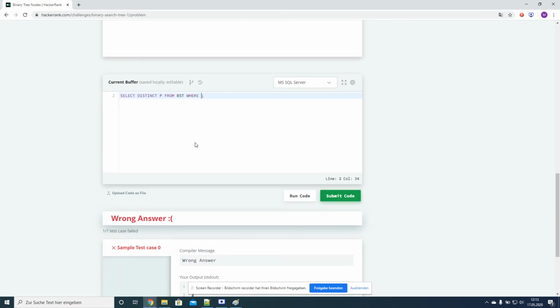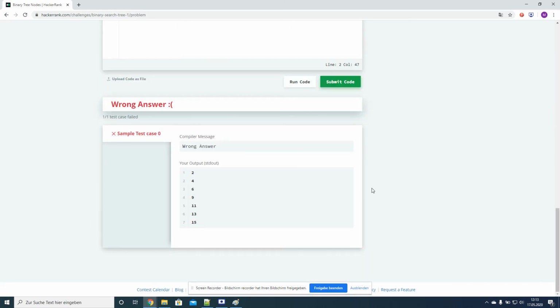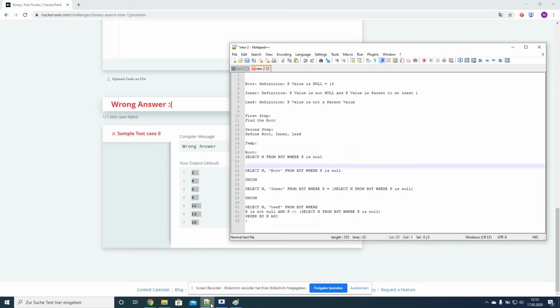Where P is not null. Don't want the null value because the root we can get anyway. And now we would like to get the nodes that don't have these values, because then we have the leaves.